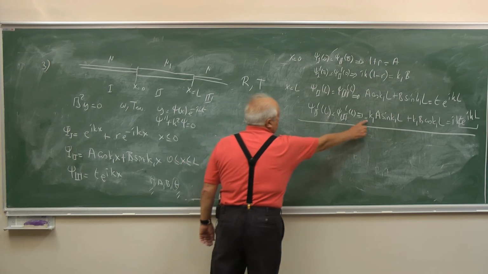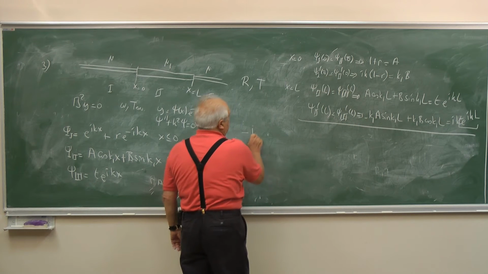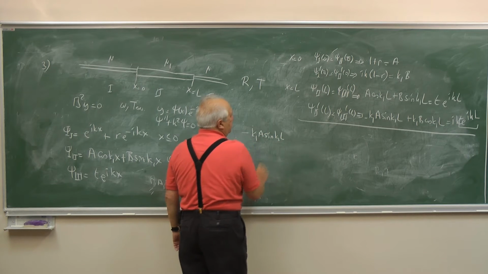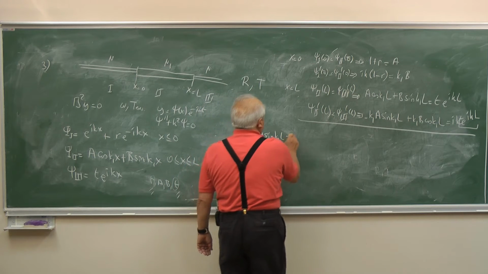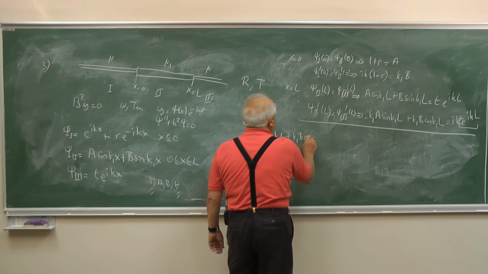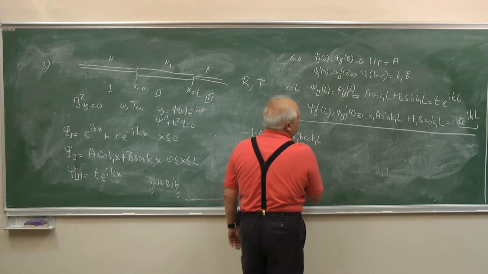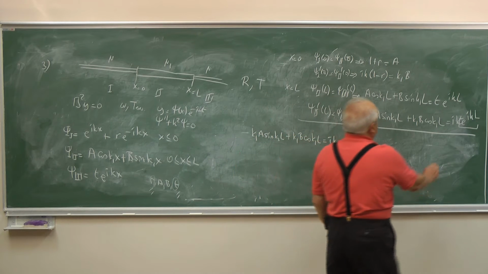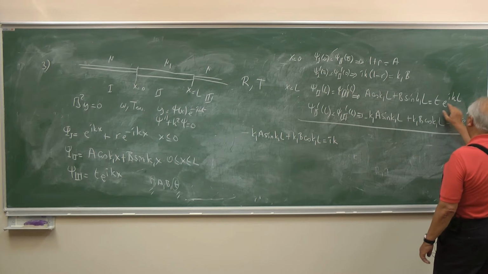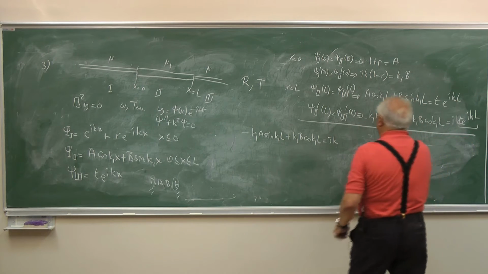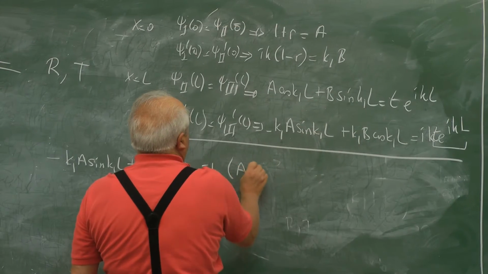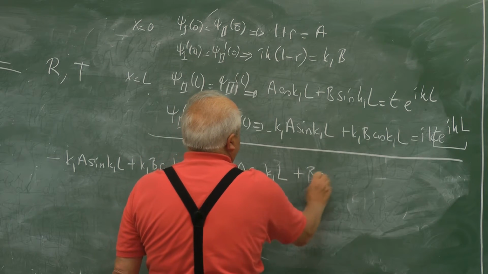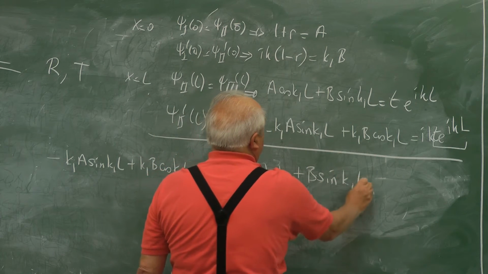I am starting here: minus k1 a sine k1L plus k1 b cosine k1L is equal to ik. Instead of t e to the ikL, I am putting this entire thing: ik times a cosine k1L plus b sine k1L.